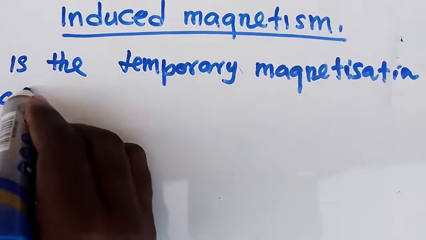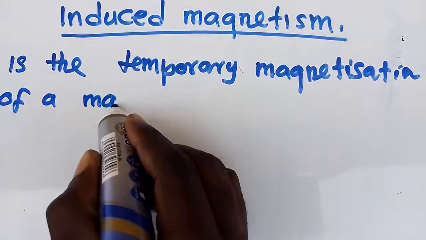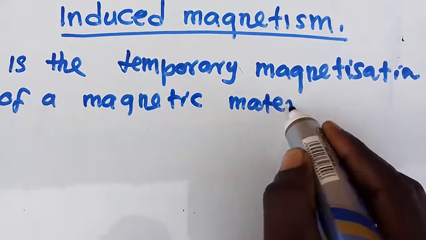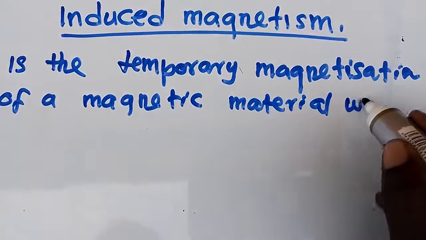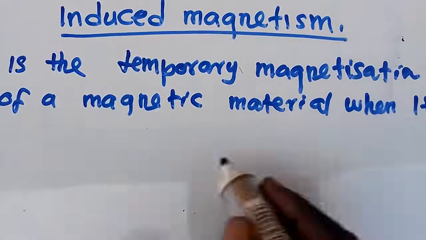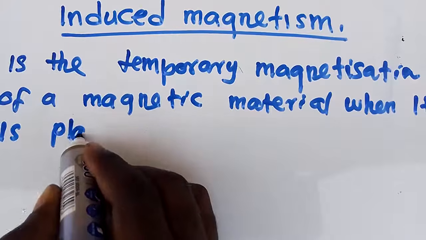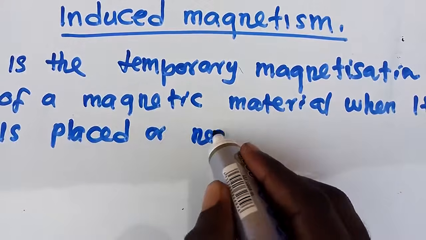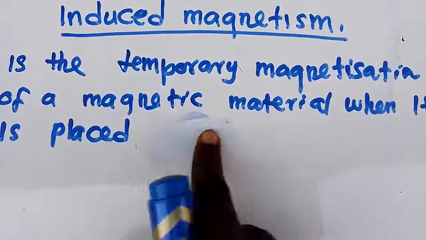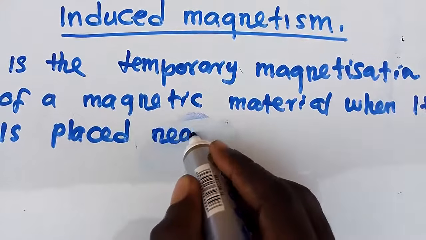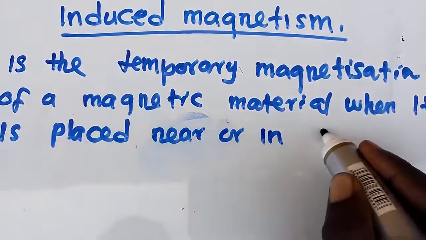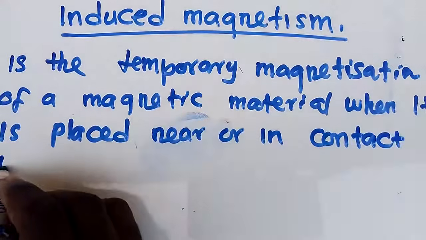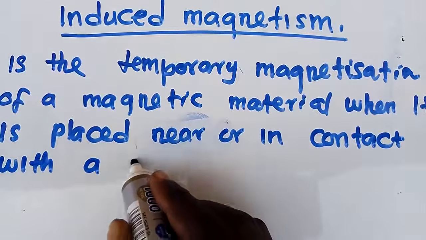Temporary magnetization of a magnetic material when it is placed near or in contact with a magnet.